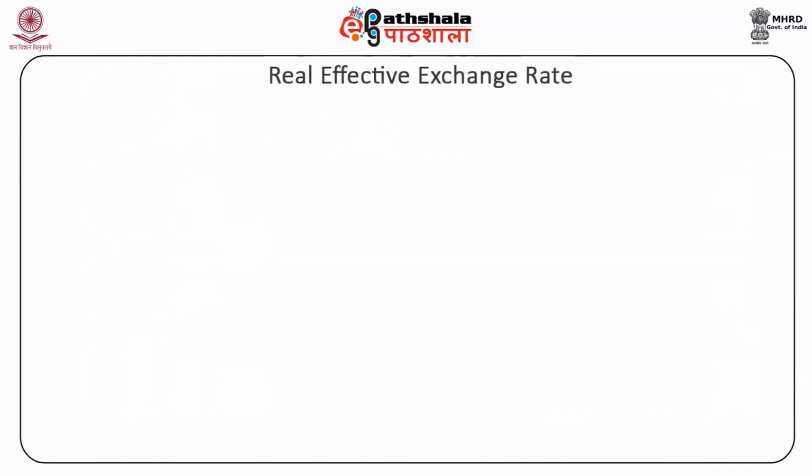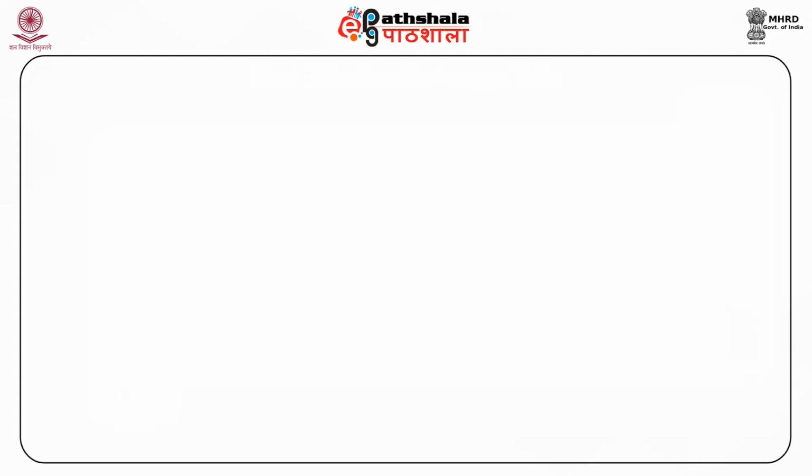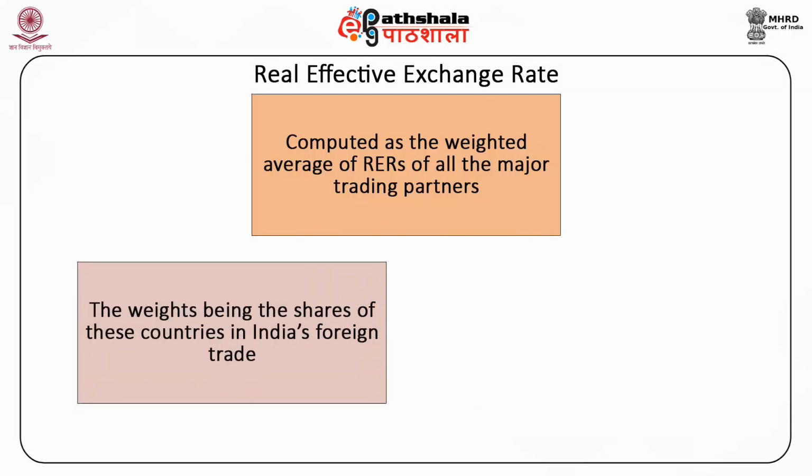Another concept is that of real effective exchange rate. Instead of computing separate real exchange rates for all the trading partners, it would be useful to compute and track the overall real effective exchange rate for a country. Similar to nominal effective exchange rate, it is computed as the weighted average of real exchange rates of all the major trading partners, the weights being the shares of these countries in India's foreign trade.